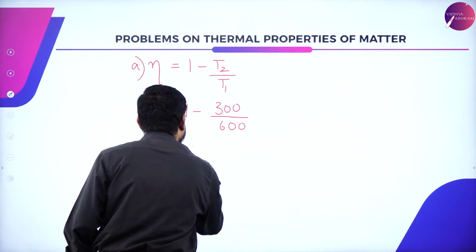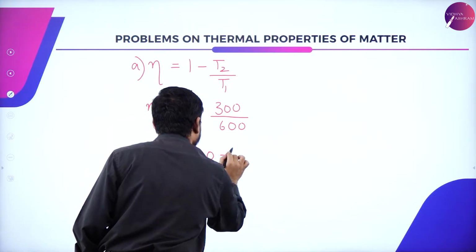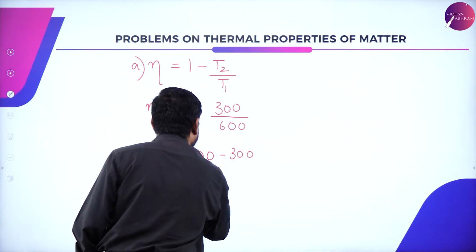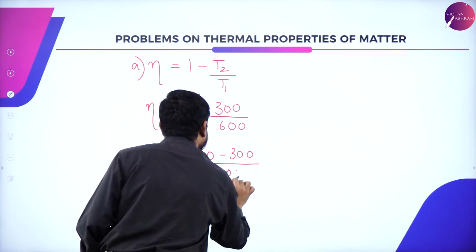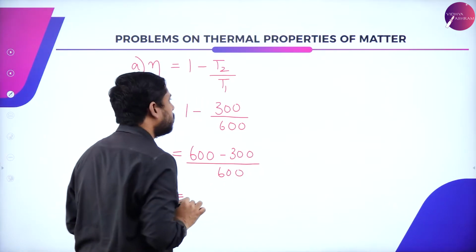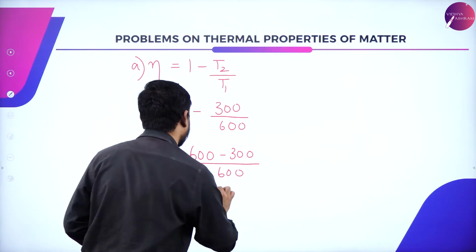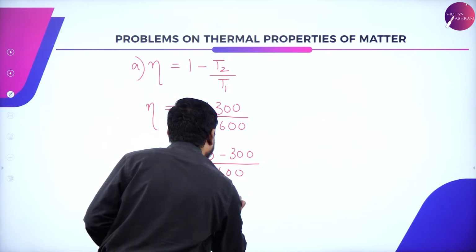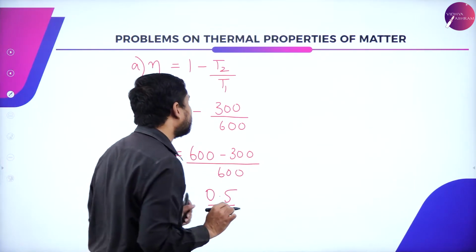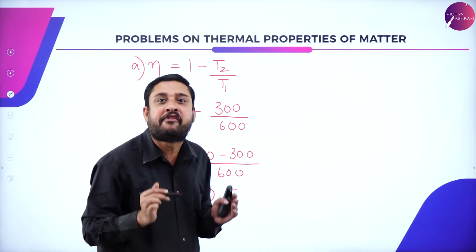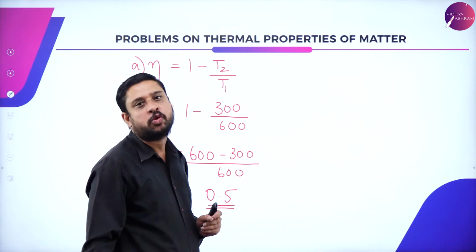This is 600 minus 300 by 600. So the efficiency turns out to be 0.5. And since this is only a number, a factor, it has no unit.